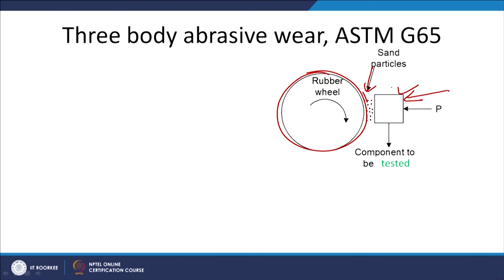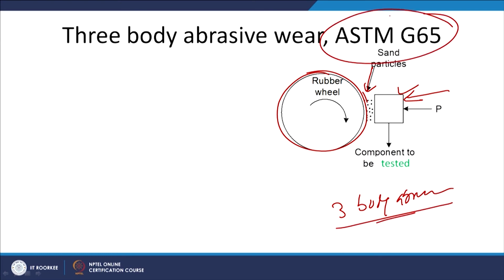So rubbing of the sample against the rubber wheel while the sand particles are coming in between will cause the 3 body abrasive wear conditions, and this test corresponds to ASTM G65. In this case also we measure the initial weight of the sample and the final weight of the sample, and the difference gives us the weight loss.